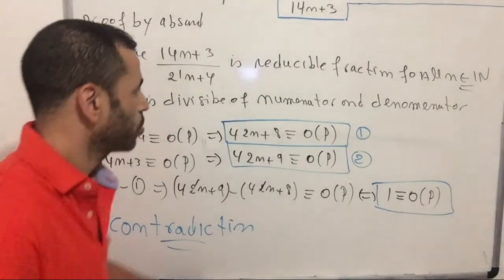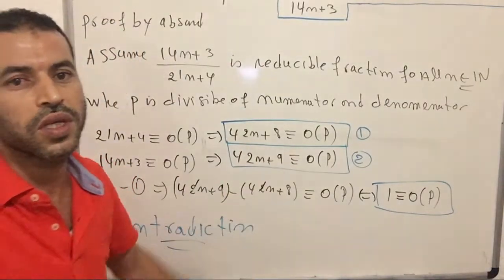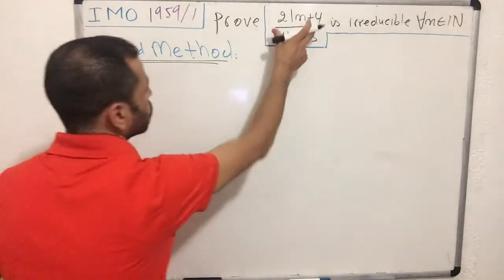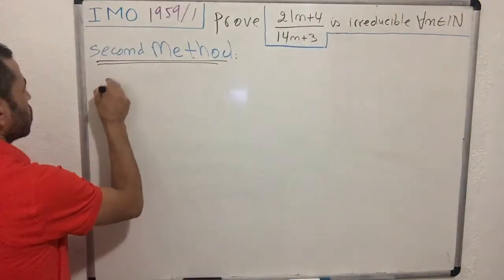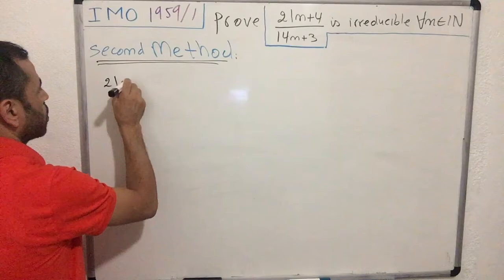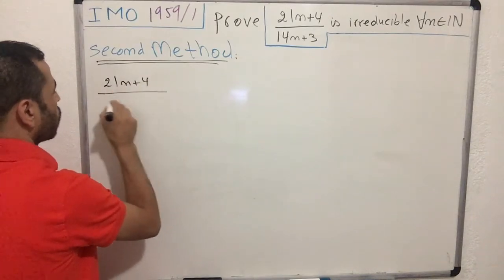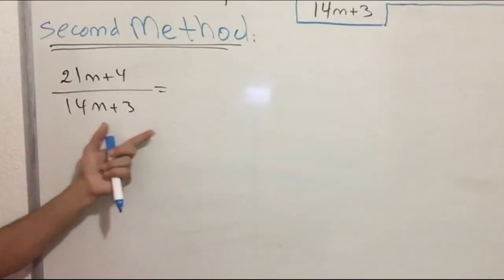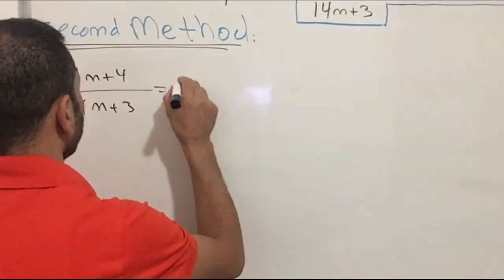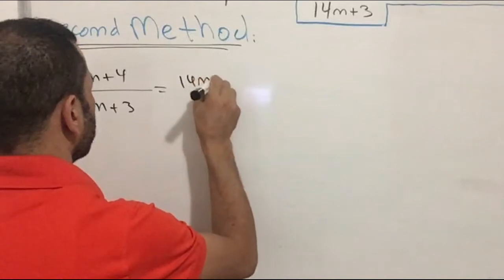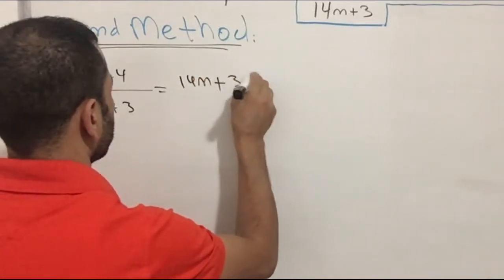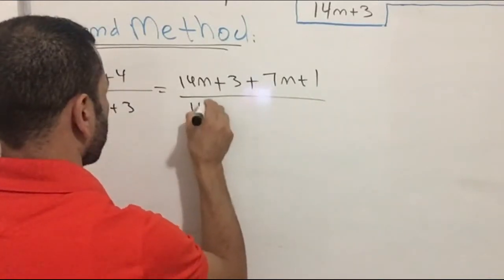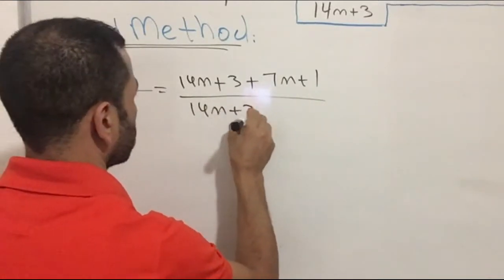So now I have done with this method. I'm moving on to the second method. In the second method, I'm going to write this fraction 21n plus 4 over 14n plus 3 in this form: 14n plus 3 plus 7n plus 1 over 14n plus 3.